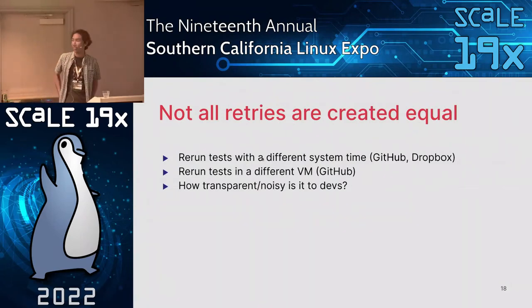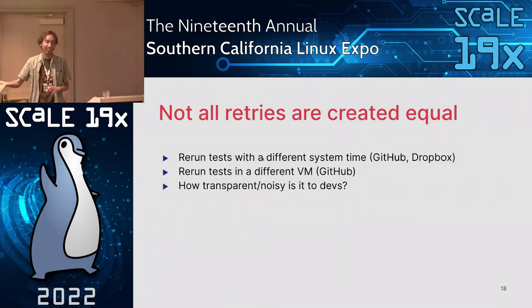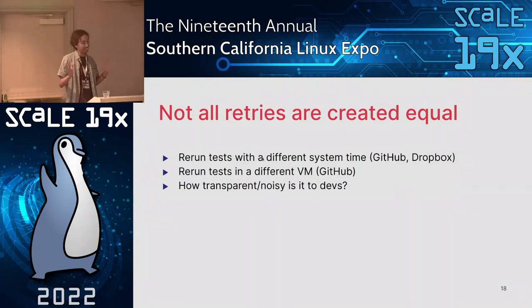Some of the teams went much further to tackle this problem. GitHub and Dropbox came up with a way of messing around with the system time before they rerun the tests, which is surprisingly hard. Even in containers you can't really change the system time, but they figured out how to do that cleverly.